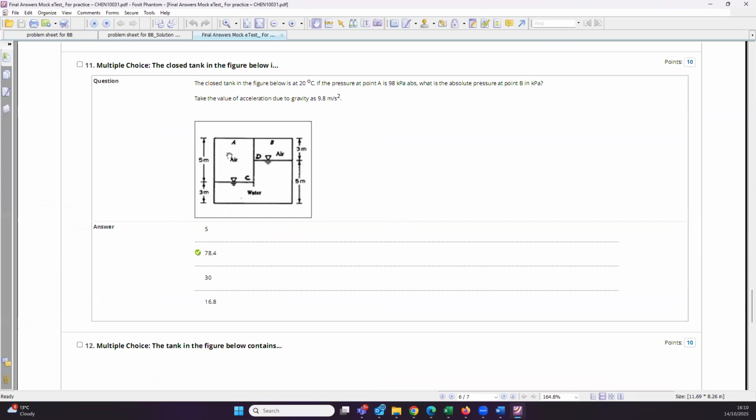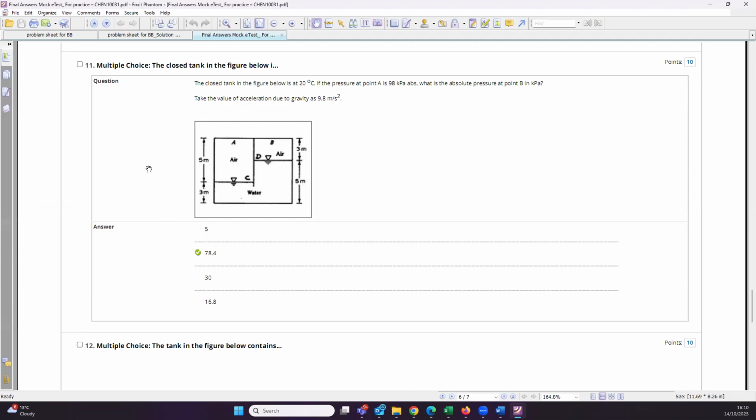So there is a question on the chat that for question 11, for example, they have used the density of air to calculate the pressure, I assume.